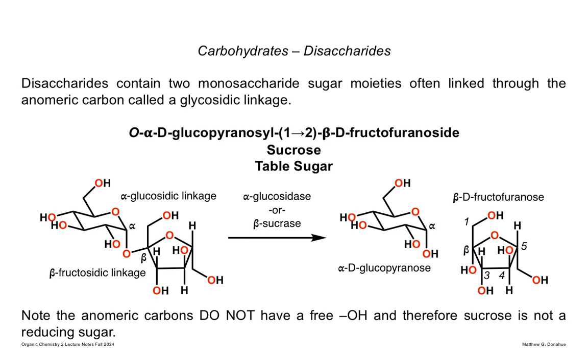Some disaccharides that are common in our diet. Again, a disaccharide is the linkage of two monosaccharides through the anomeric carbon. That linkage is the glycosidic linkage. This is glucose, that's why it's called a glucosidic linkage.